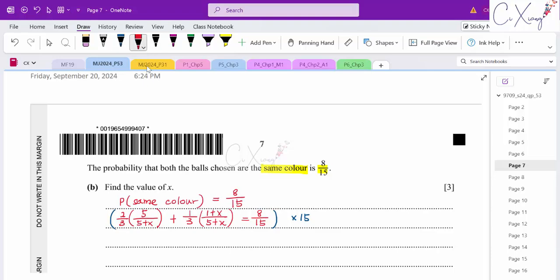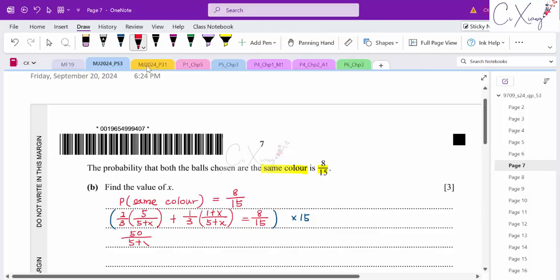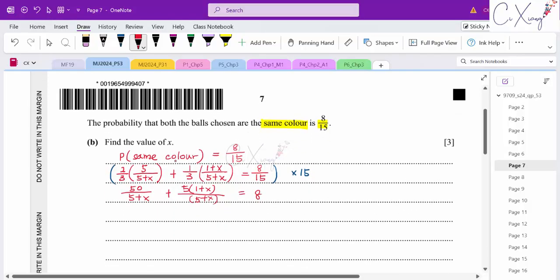So the first term is 50 over 5 plus x. For the second term, 15 divided by 3 gives 5, so I have 5 multiplied by 1 plus x divided by 5 plus x. Then 8 over 15 multiplied by 15 leaves only the 8. Now, to get rid of the denominator 5 plus x, I multiply the whole equation by 5 plus x.